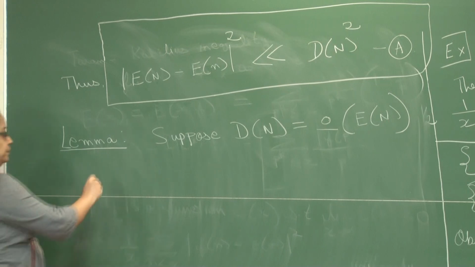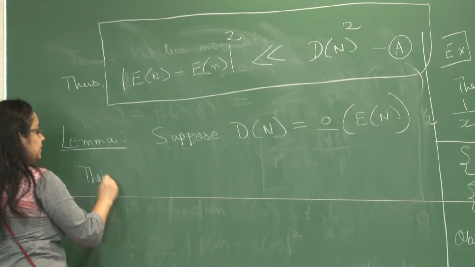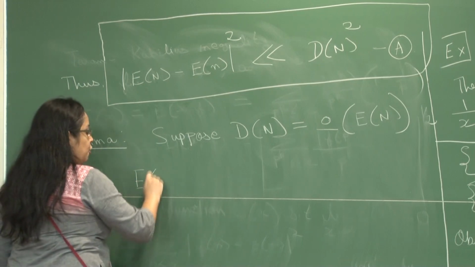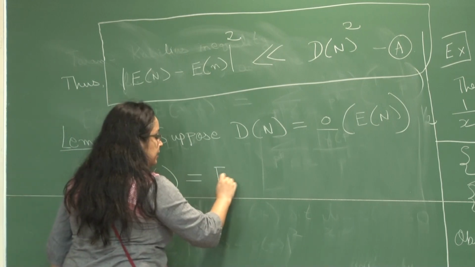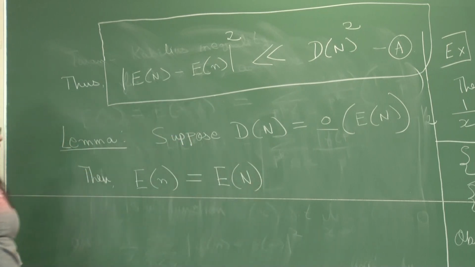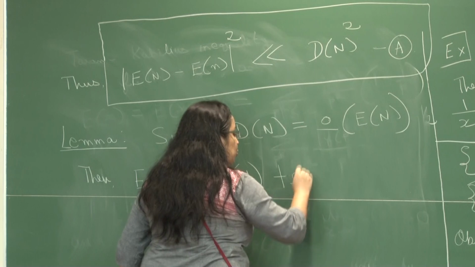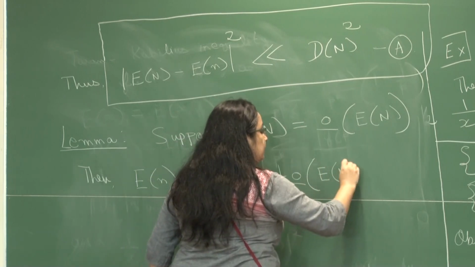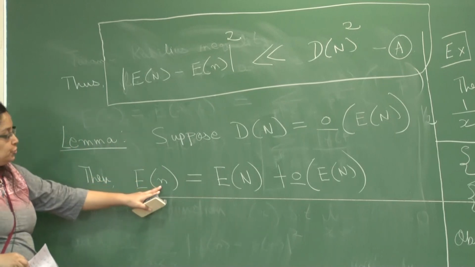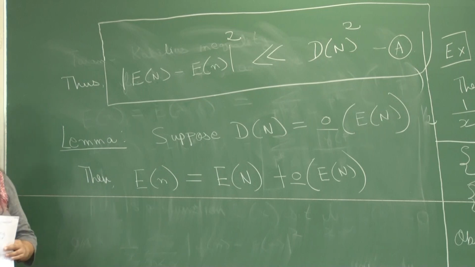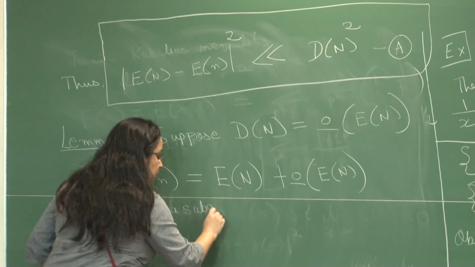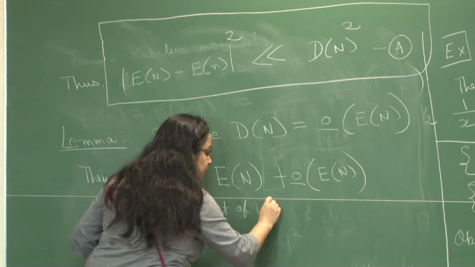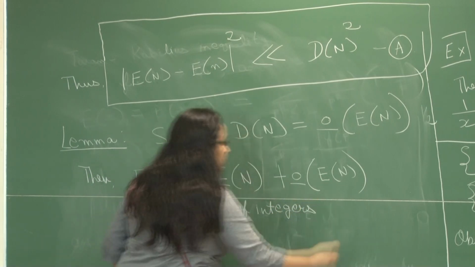That would imply our claim that E of little n is pretty much equal to E of capital N. So our claim is that E of little n is equal to E of capital N plus little o of E of N for almost all the integers lying between 1 and capital N, for a subset of integers.